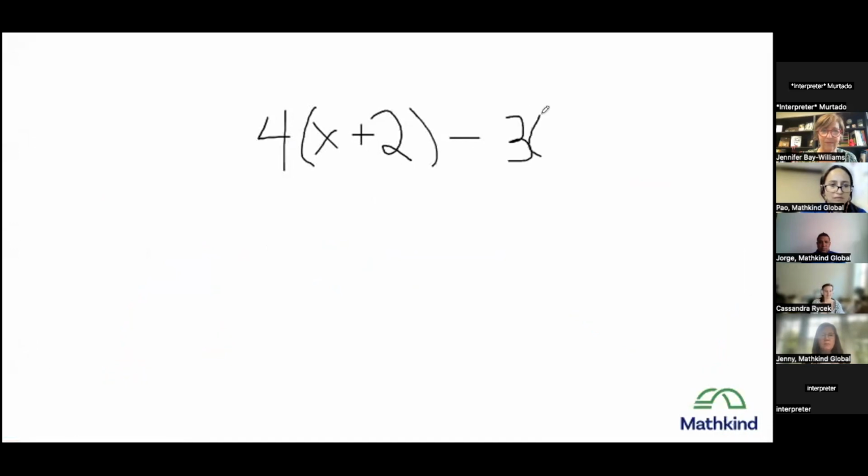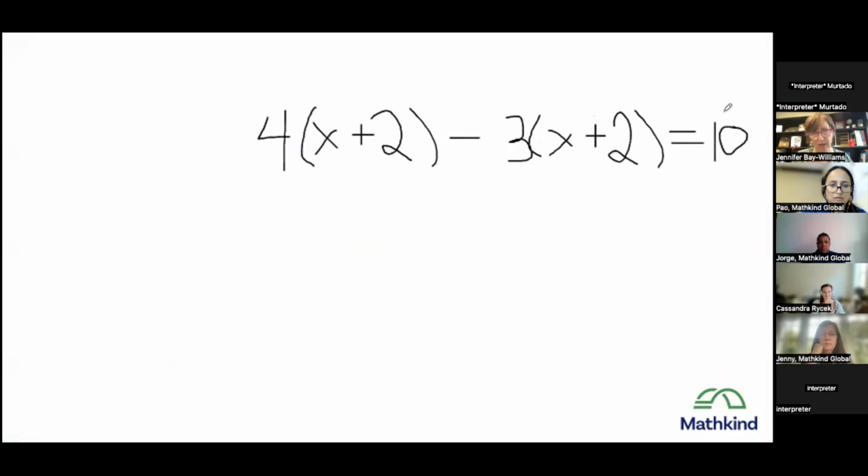If I have this problem right here, and sorry that this is going to be super messy. All right, here we go. I'm running out of room. This problem right here.